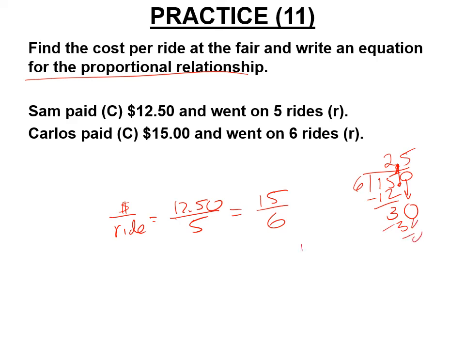All right, so K here is 2.5. It was the unit rate, right, $2.50 per ride. I should be a little neater. That's very sloppy. And the equation will be C equals 2.5R.